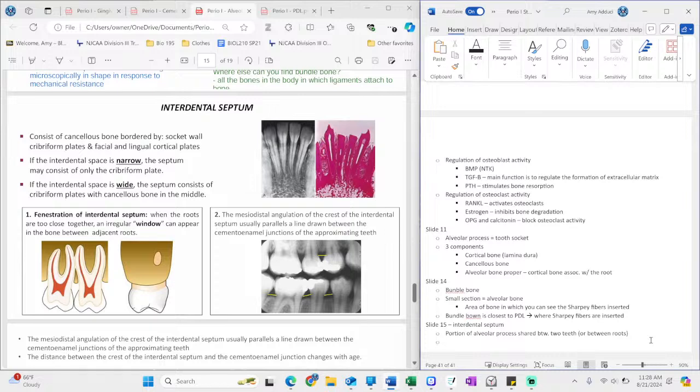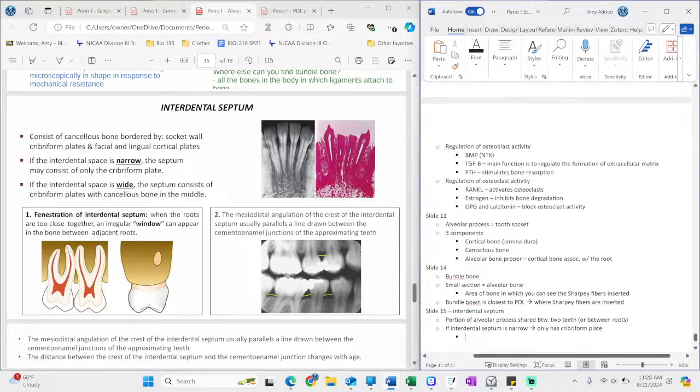If the interdental septum is very narrow, it only has the cribriform plate. That means the cortical bone with the holes, the foramina that allow the passage of blood vessels from the bone to the PDL. Okay? If the interdental septum is wider, that's when you can also see trabecular bone in between two cribriform plates.